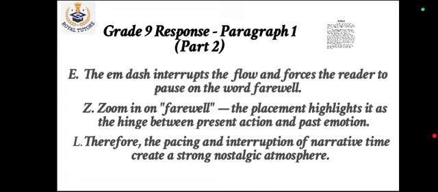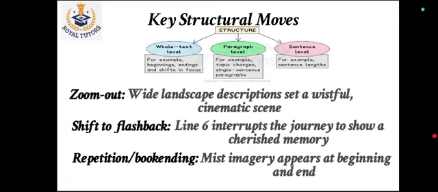Therefore, the pacing and interruption of narrative time creates a strong nostalgic atmosphere. Now, what we did: we zoomed out, a wide landscape description as a wistful cinematic scene, and we did a flashback, and then we did repetition.